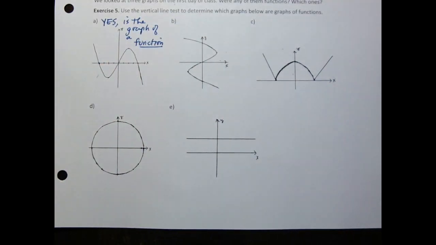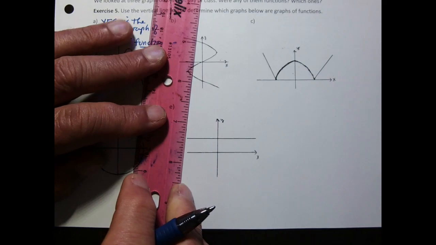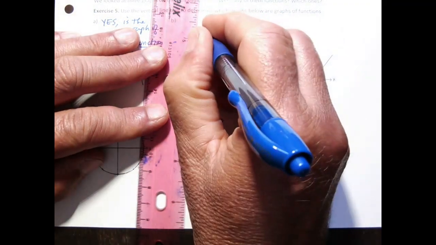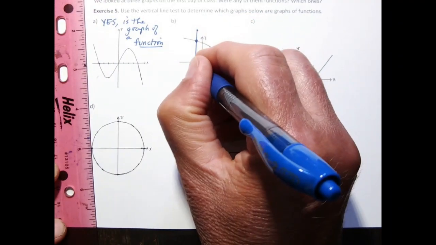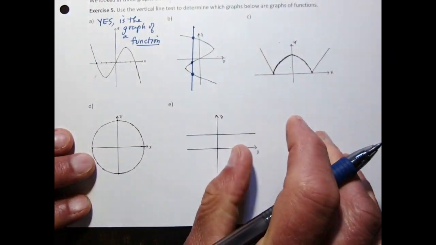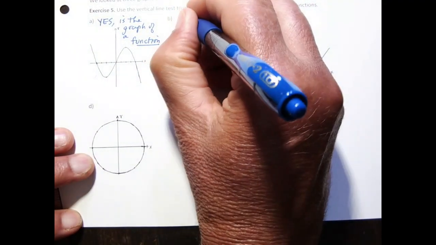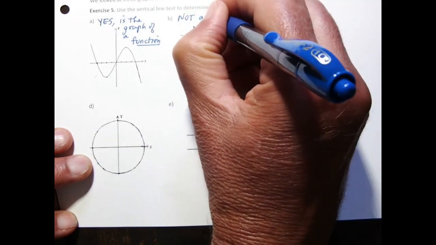So this guy is a function. In B, it's not too hard to see that I can draw a vertical line that's going to cross that graph 3 times. Not a function, not the graph of a function. No way.